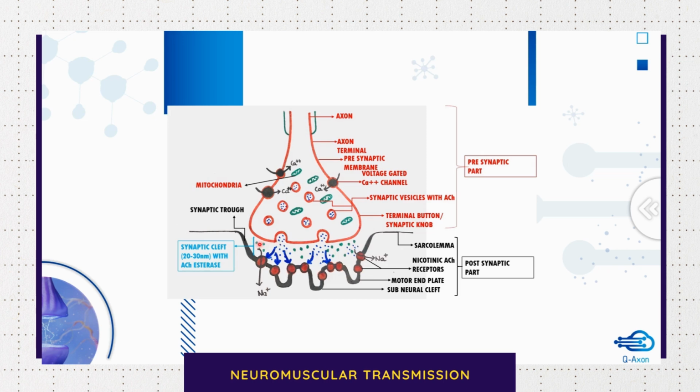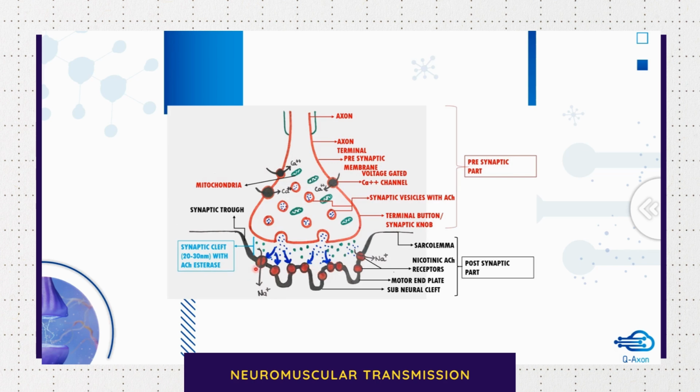Now what happens to the released acetylcholine? Most of it binds to receptors on the motor end plate. We already saw that these are called nicotinic acetylcholine receptors. So when acetylcholine binds to these receptors, there is a conformational change in these receptors.